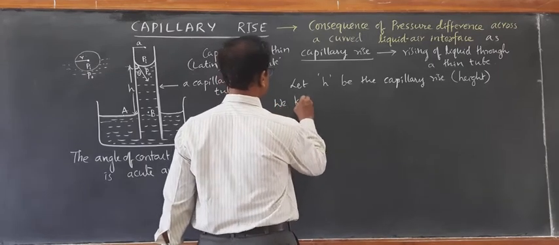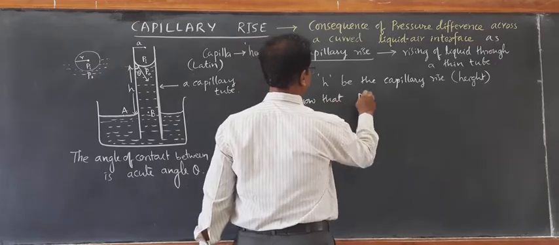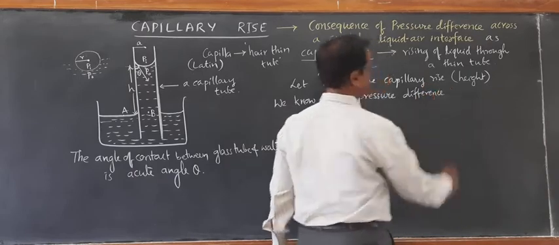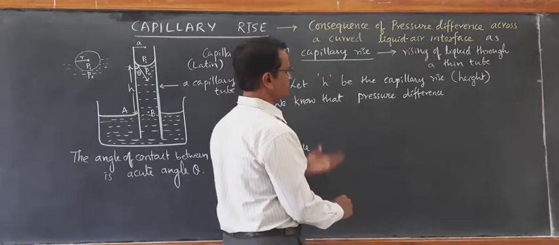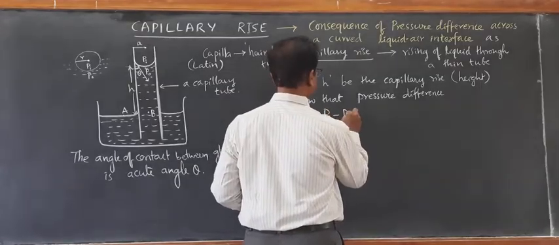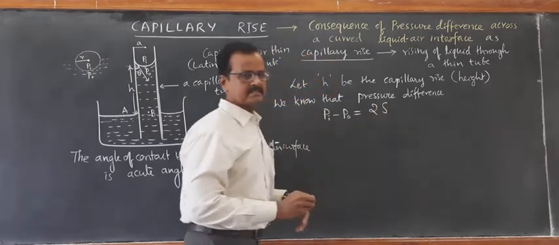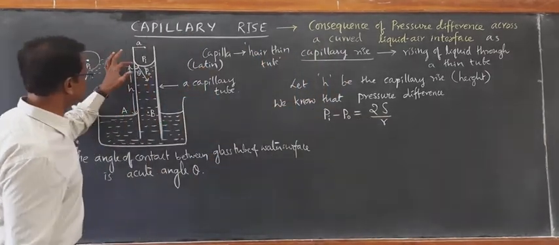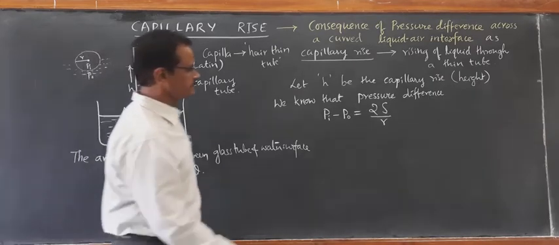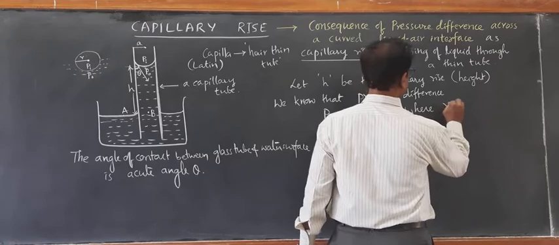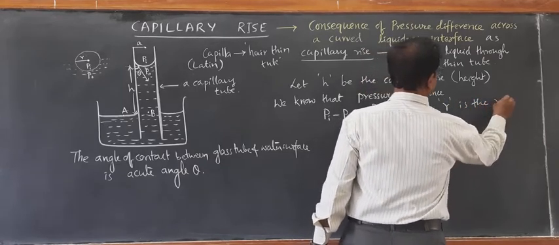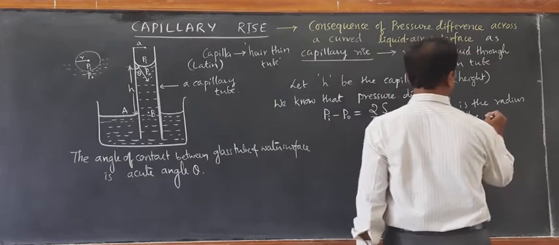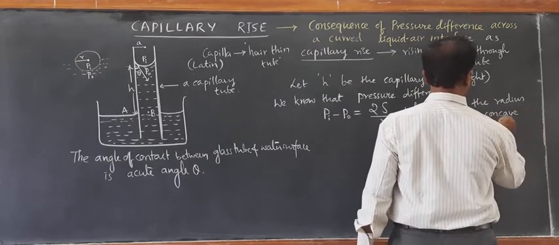We know that the pressure difference inside an air bubble is given by Pi minus P naught is equal to 2S by R, where S is the surface tension of the liquid air interface, and R is the radius of the bubble, that is, the radius of the concave surface.